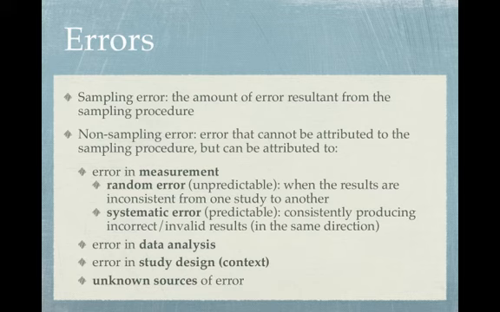The non-sampling error is error that can be attributed to other factors, such as an error in measurement, whether it's random or systematic. Random errors are unpredictable, where the results are inconsistent from one study to another, whereas the systematic errors are predictable. Every single study produces the same type of error, so it's a systematic error. The results are usually in the same direction.